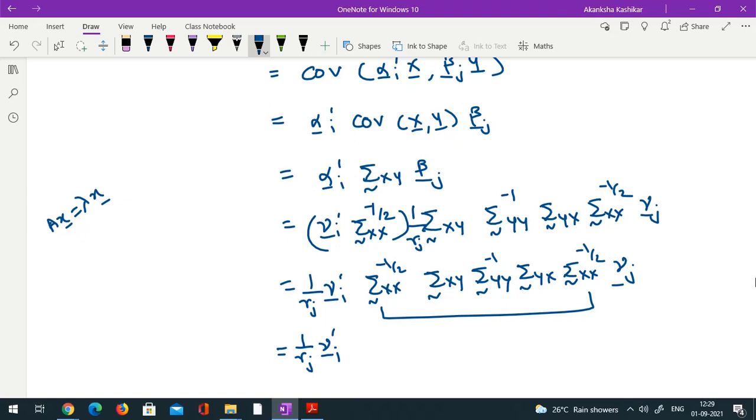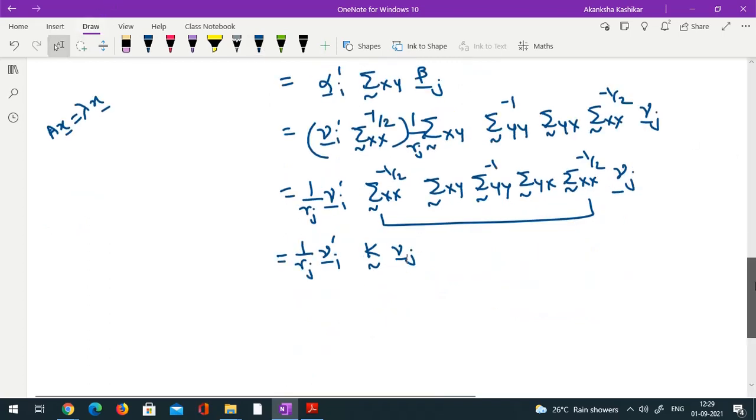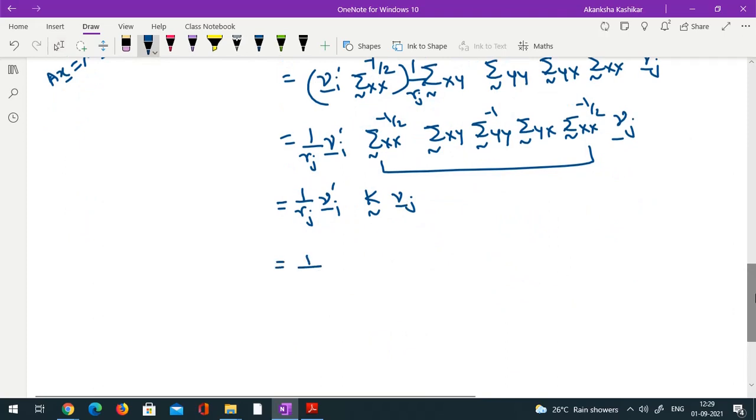Nu I prime k nu j. Correct. And then because of our formula for eigenvalues and eigenvectors, this k nu j I can write as gamma j nu j. Correct? Ax equal to lambda x kind of stuff. So now my gamma j can get cancelled and I am left with nu I prime nu j.